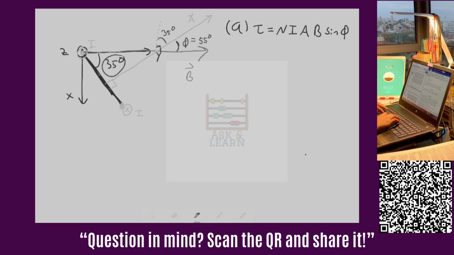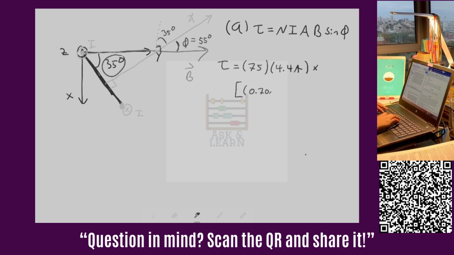Now that we know that, we know everything we need to figure out the torque acting on this current carrying loop. So tau is equal to the 75 turns in this coil, multiplied by the current through it, which is 4.4 amps, multiplied by the cross-sectional area, which is the length times the width.